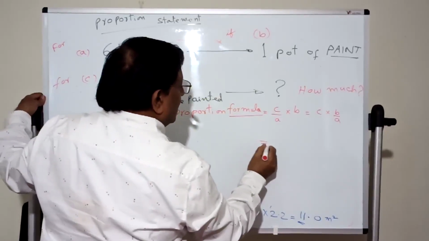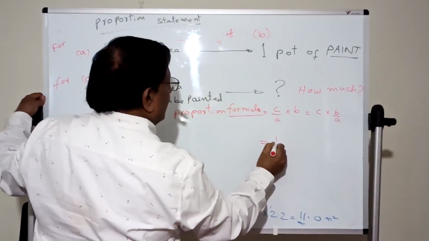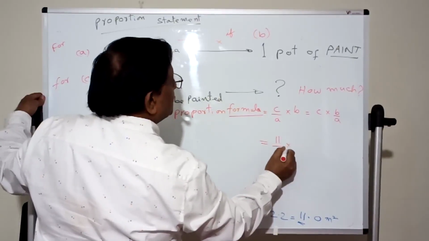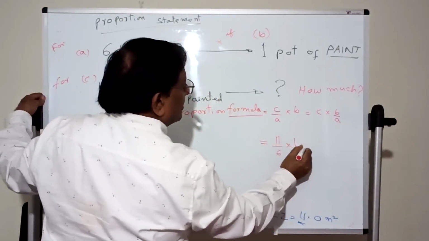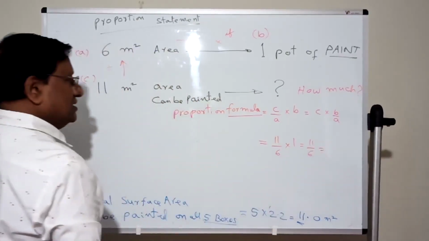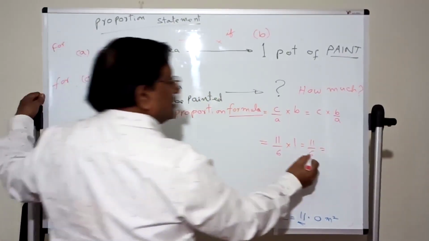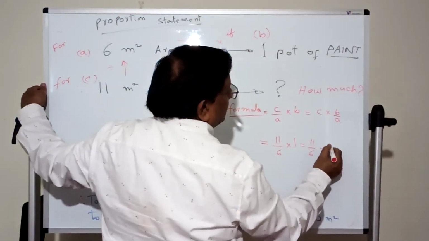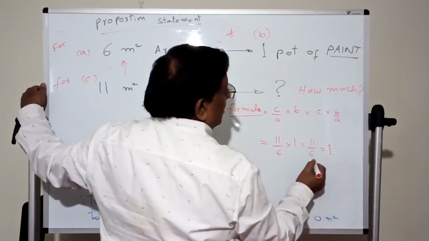Now here C is 11, over A means 6, times B, which in this case is only 1. That is nothing but 11 divided by 6. 6 goes in 11 only one time because it's not 12.